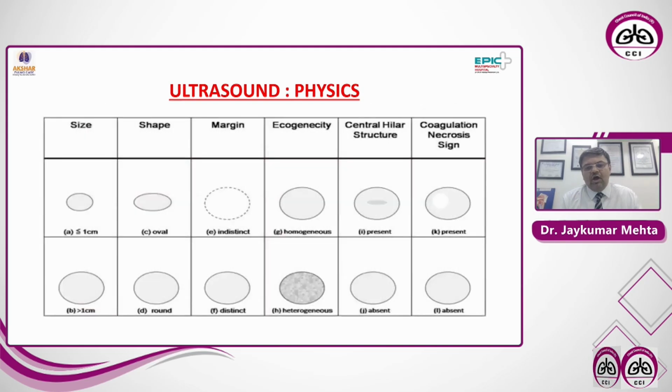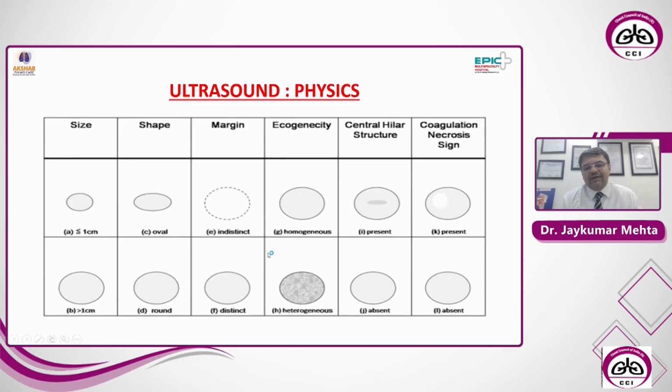So based on the ultrasound characteristics, we can differentiate between malignant and benign, or at least the possibility of it being benign or malignant, based on the EBUS findings. We divide into size, shape, margin, echogenicity, central hilar structure, and coagulation necrosis sign.